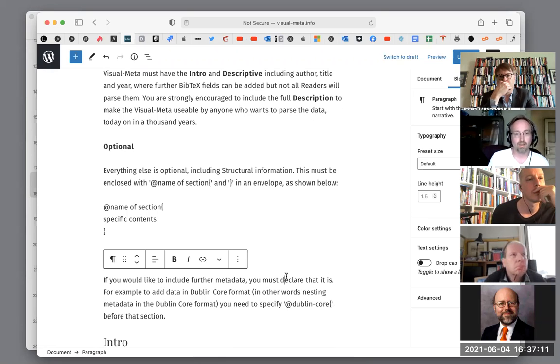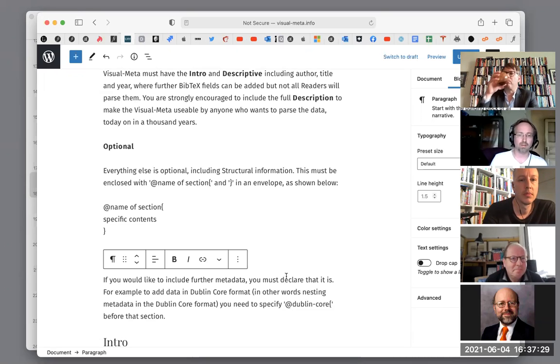That's the entire point, because at some point you probably want to interact with that data. If we want to include the entire world and all escaping mechanisms, it could get very complicated. And at the very least, if people send in their Visual-Meta, you need some sort of validator too.